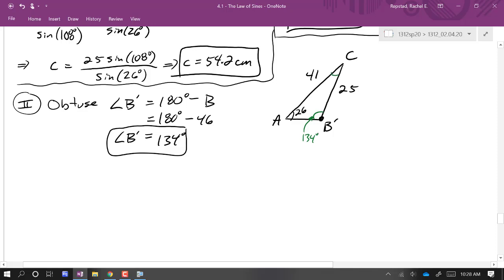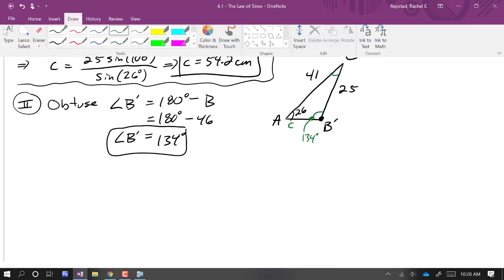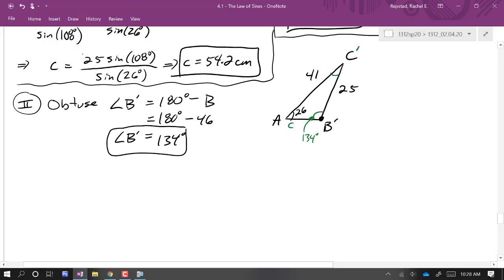So we need to find angle C, and I guess I should call that C prime, and side C. If angle B is 134 degrees, then the angles have to add up to 180, so 180 minus 134 minus 26.